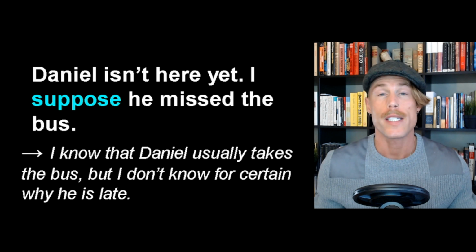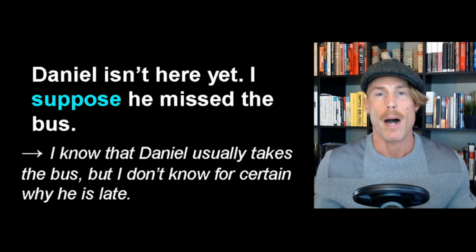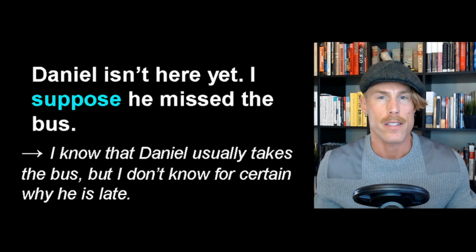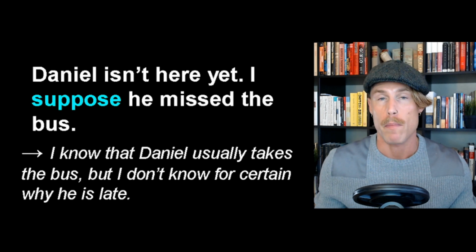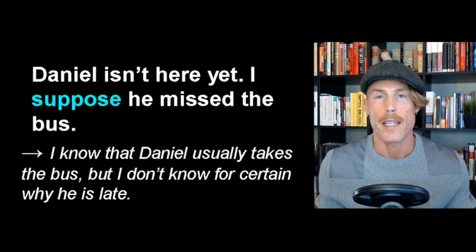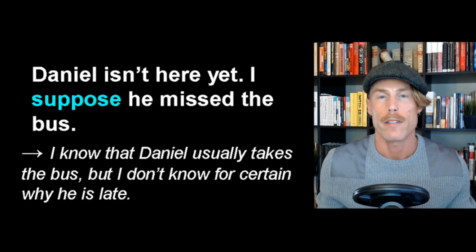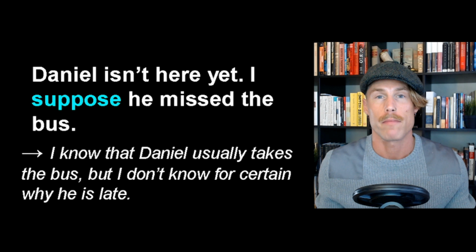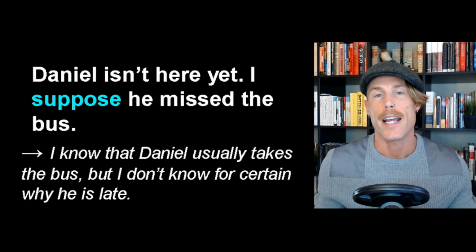I suppose he missed the bus is my best guess. It's my assumption. So I believe that it's true because it's probably the reason, right? He takes the bus. He probably missed the bus. This is the most reasonable explanation.